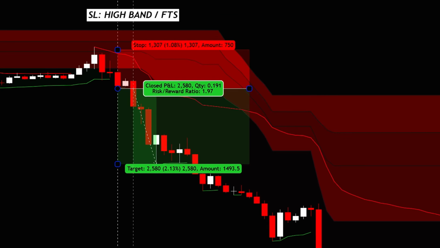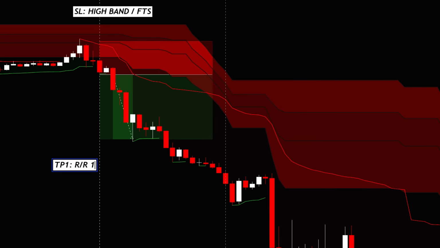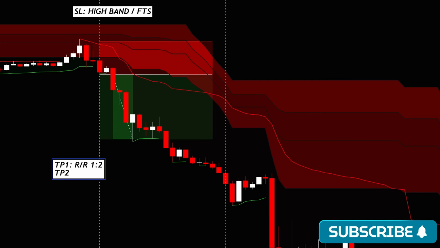Take profits at TP1, 1 to 2 risk to reward ratio, and TP2, 1 to 3 risk to reward ratio.